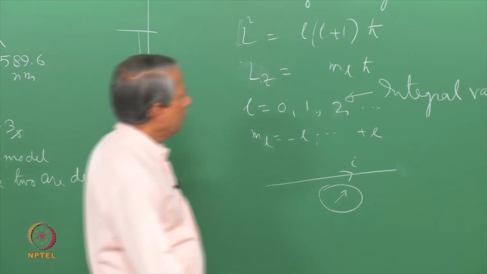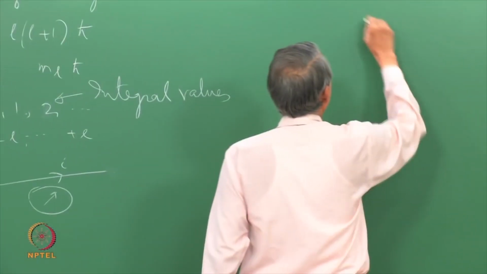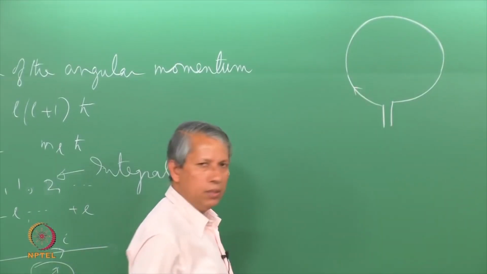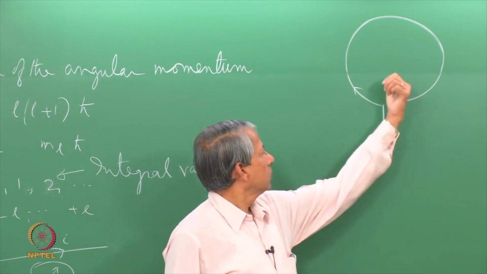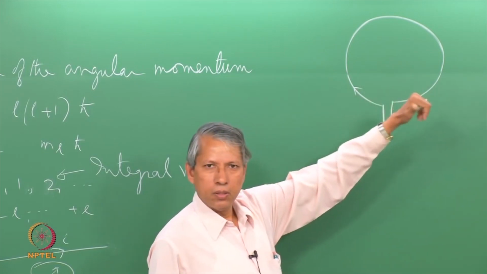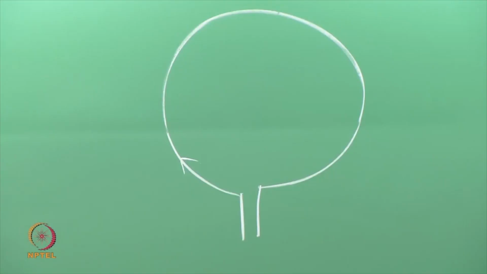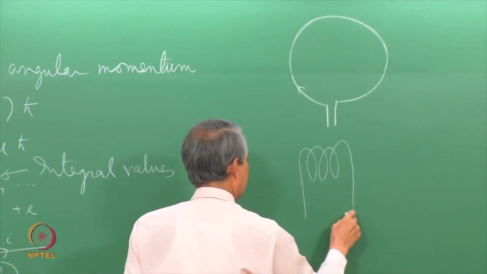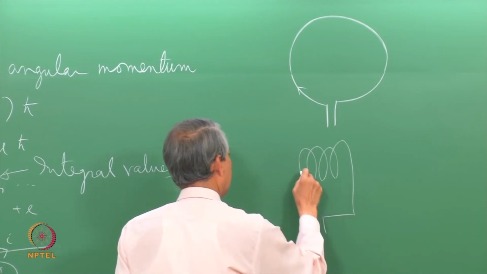Or for that matter, if we have a loop of this kind where current is flowing, then it can produce a magnetic field which will have direction either this way or that way. In fact, the solenoid is the very common example of producing a magnetic field by passing current through a coil.